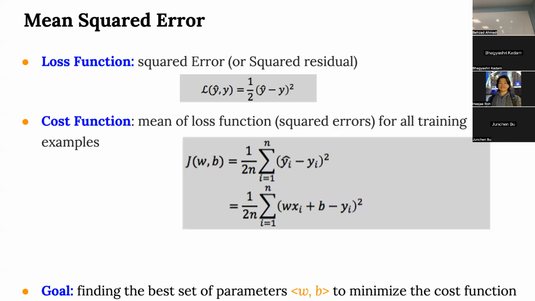So n data points. You just sum them up like this. This is the cost function. So the goal here is to find the best W and B that would minimize the cost function. So how do we do this step? Differentiation.